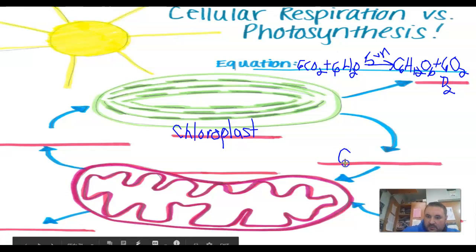Down here, we'll put glucose, C6H12O6, which is the sugar that goes into it. This one comes down here.